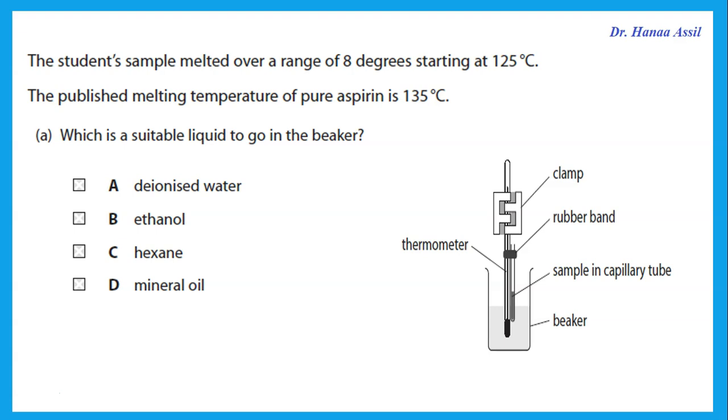The student's sample melted over a range of 8 degrees starting at 125 degrees Celsius. The published melting temperature of pure aspirin is 135. Which is a suitable liquid to go in the beaker?